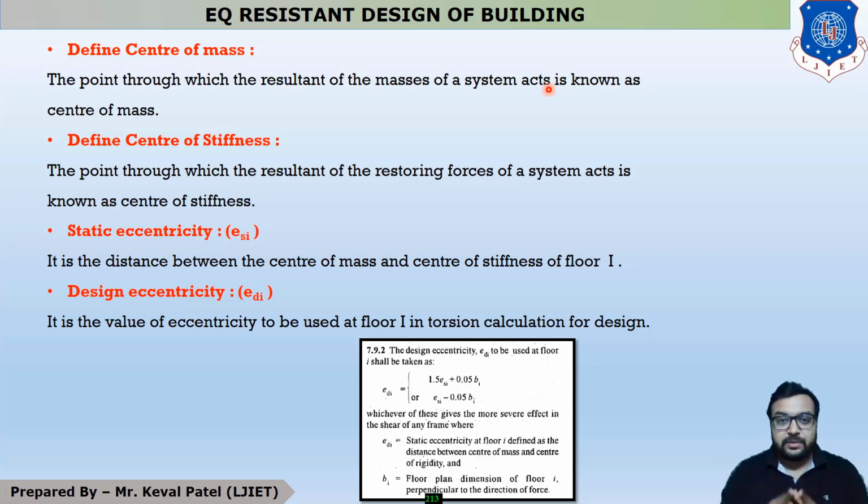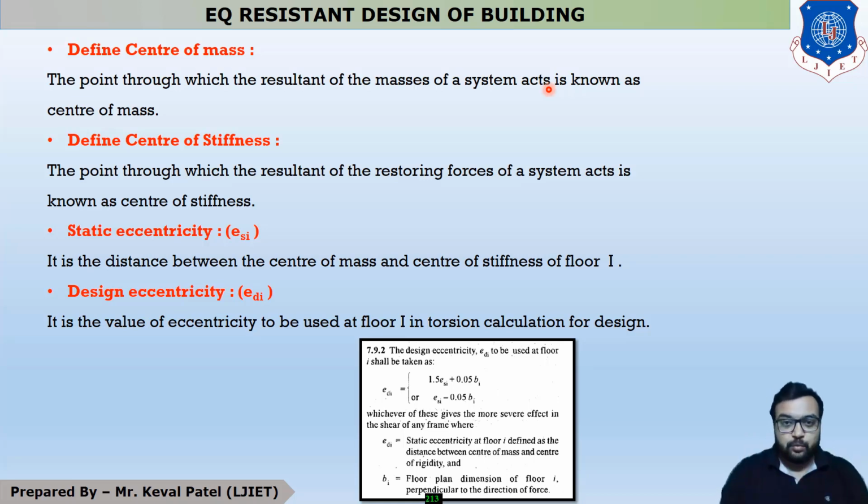If your system has uniform mass, meaning the mass is uniform throughout the system, then your center of mass is exactly at the center. But if a system has various mass values, then your center of mass is not at the center.